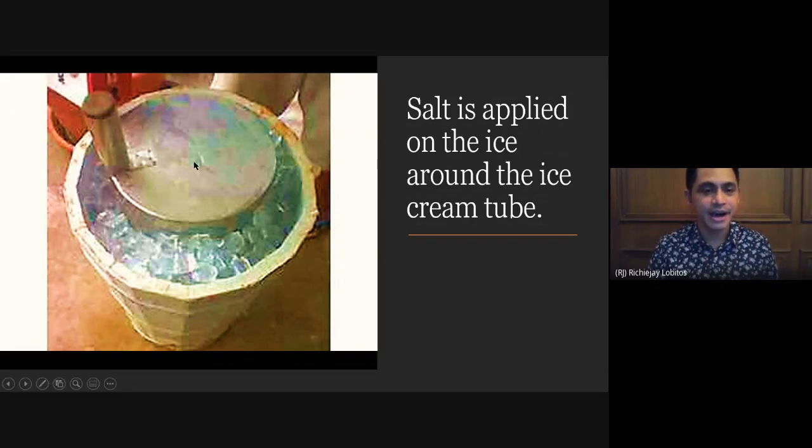Since ice cream freezes at -3, when you add salt to the ice and its freezing point decreases, it becomes very cold and provides a much cooler environment to the ice cream tub, which keeps the ice cream inside in its solid state.